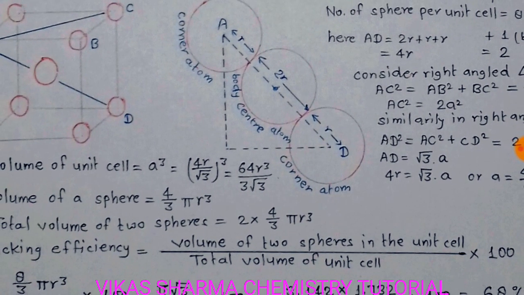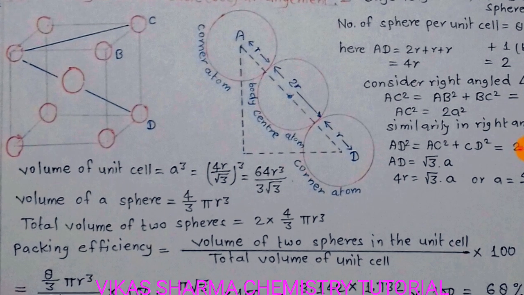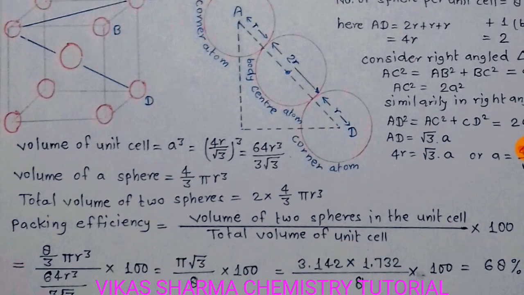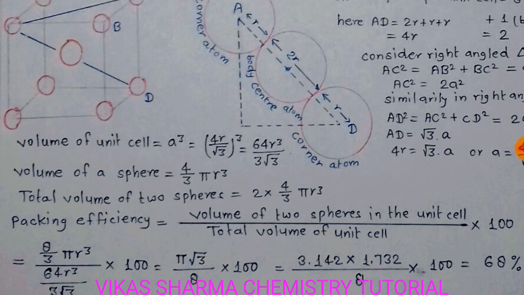Student, the volume of the unit cell is equal to a cube, where we put the value 4r upon root 3 to the power 3. So it is 64r cube divided by 3 root 3. The volume of a sphere is 4/3 pi r cube. So the total volume of two spheres is 2 into 4/3 pi r cube.